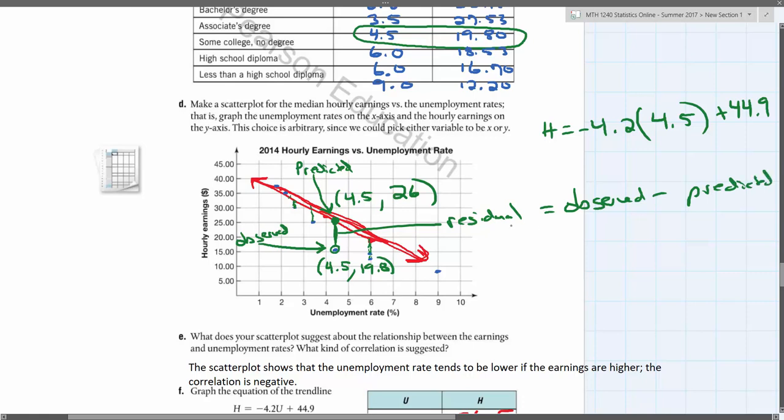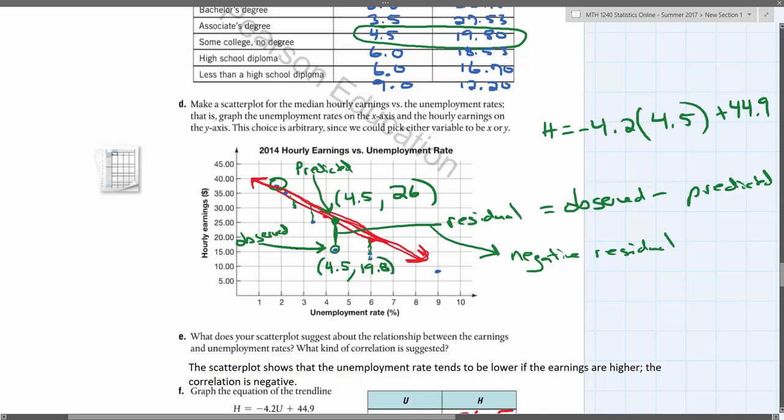So if I have a negative residual, it means that the observed value is less than the predicted. So this case would be a negative residual. It literally just means my data point is below the line for that x value, where this point here would have a positive or nearly zero residual, because it's really close to the line, or it's above.